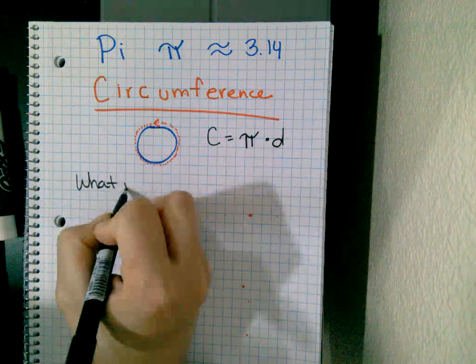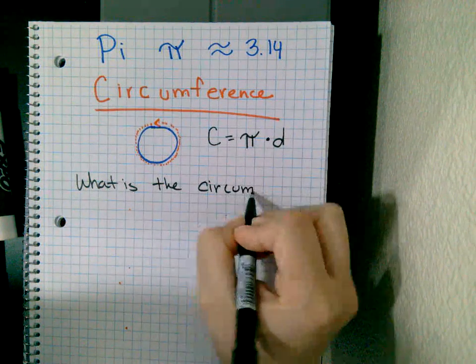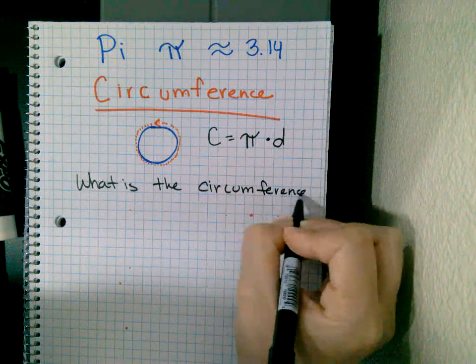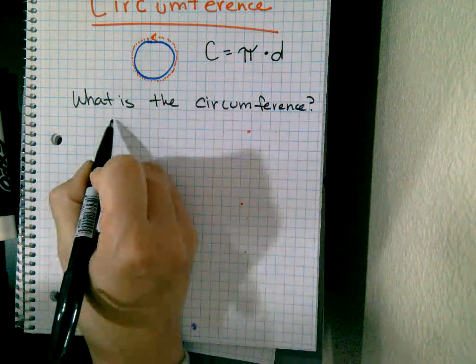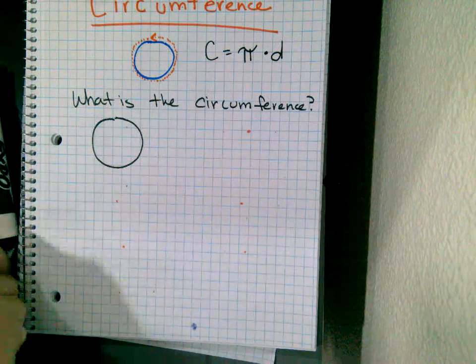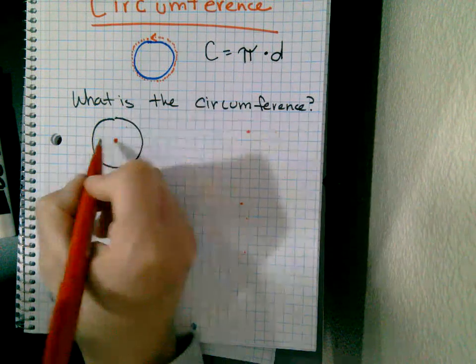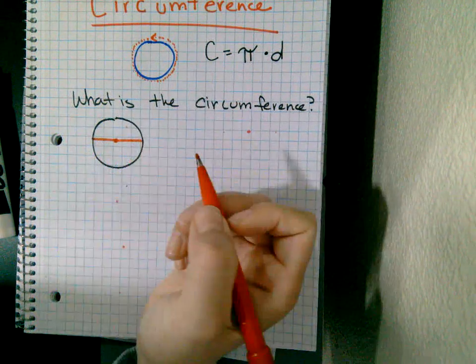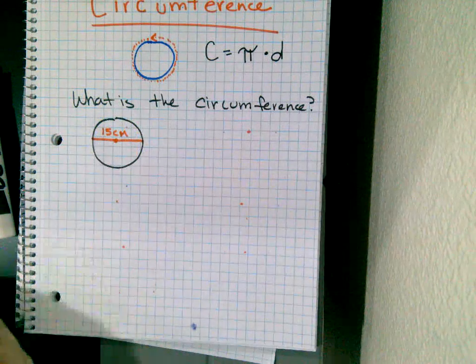So the question is, what is the circumference? That's usually what they'll ask you. So then you take a circle, and I'm going to draw a dot in the middle and a line that goes across through the center. And I'm going to say this is 15 centimeters.